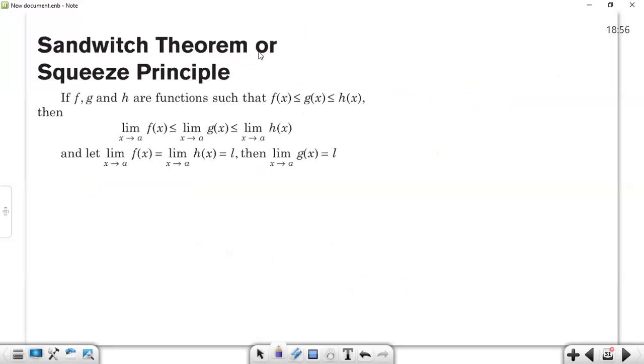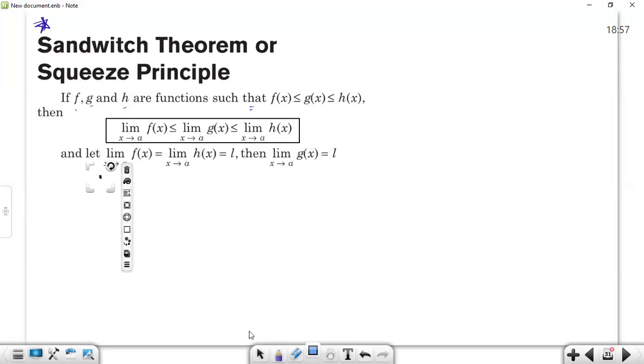And there is the sandwich theorem, which says that if there are functions f, g, and h such that the functions follow this particular condition, then the limits of those functions will follow the same condition as they were following earlier.